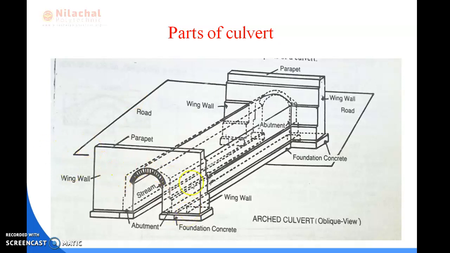These are the wing walls, two wing walls, and these are the two wing walls at the back side also. These are the abutments. Then these are the foundations. This is the parapet section. First of all, we know what is abutment, and what is foundation concrete.